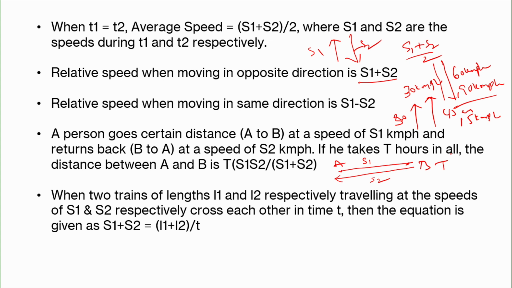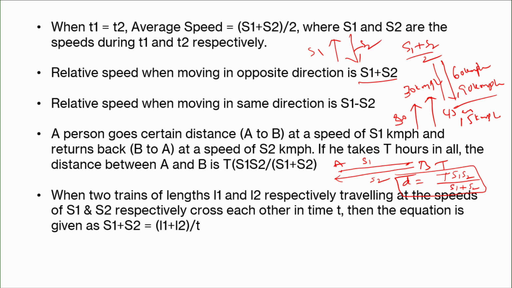Then the distance between a and b is equal to t of s1 s2 by s1 plus s2. This is one more most important formula. D is equal to t of s1 s2 by s1 plus s2.